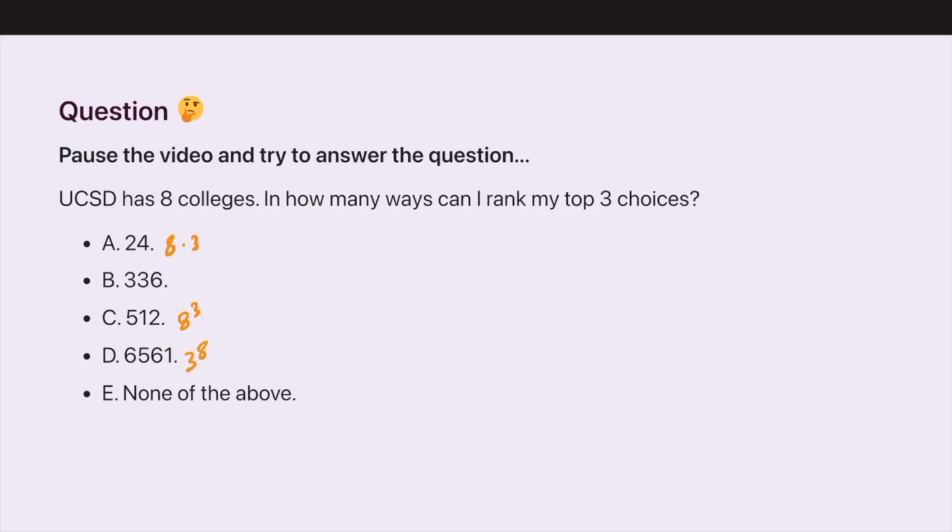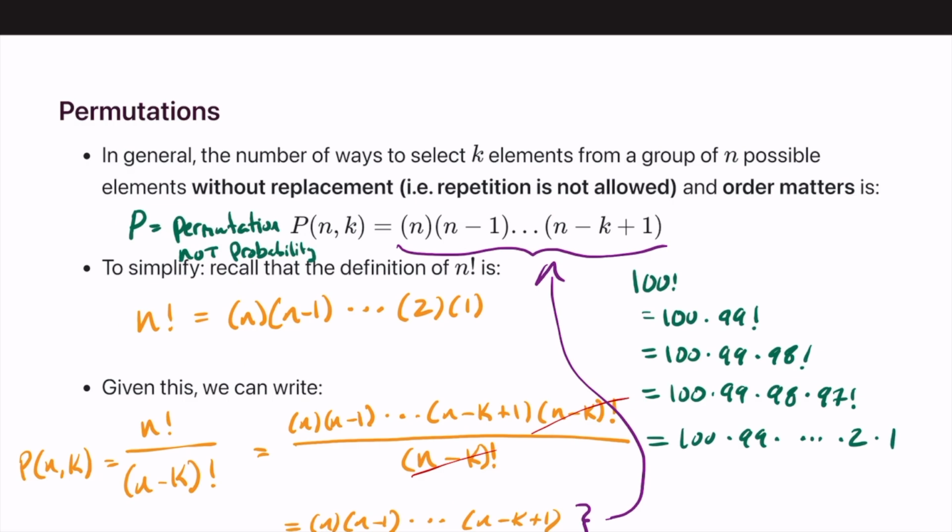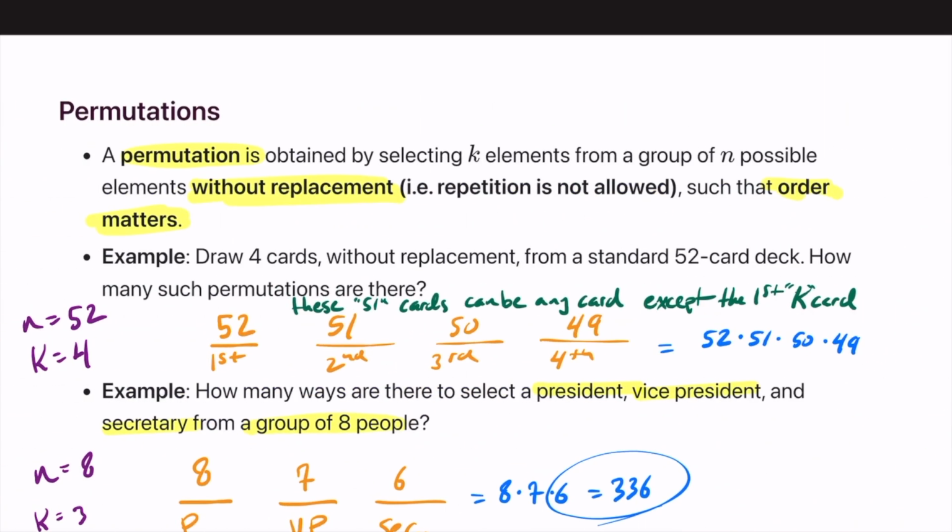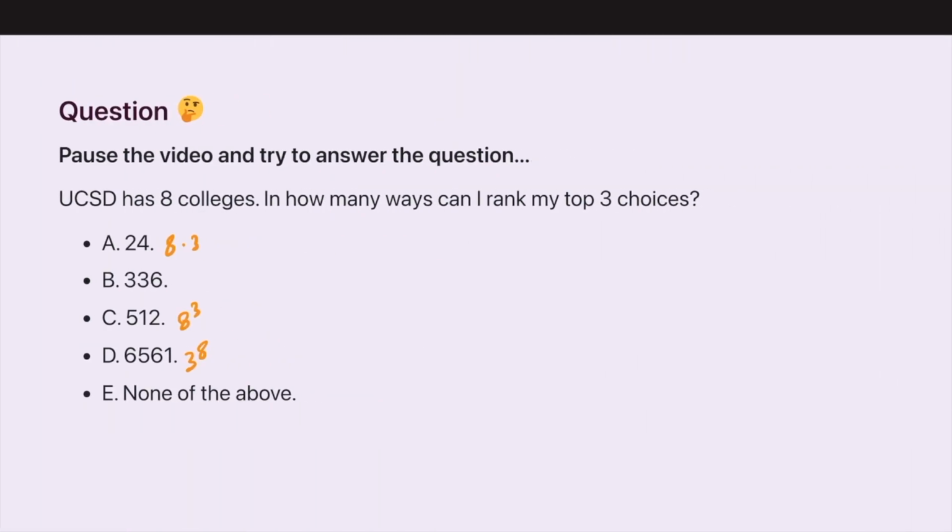So we've got 8 colleges and your top 3 choices. So your 8 colleges is a lot like your n, and your top 3 that you're trying to rank is a lot like your k. So let's just try and use those values.